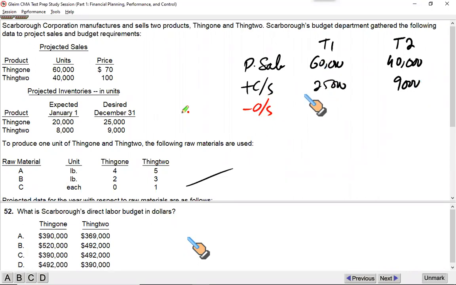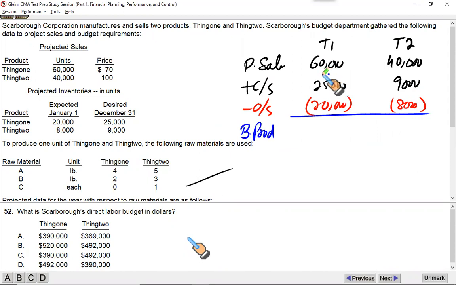Opening stock for Thing 1 is 20,000, and for Thing 2 it is 8,000. So this will give us the planned or budgeted production. Budgeted production for Thing 1 is going to be 85 less 20, 65,000 units, and for Thing 2, 49 less 8, 41,000 units. This is the production budget.